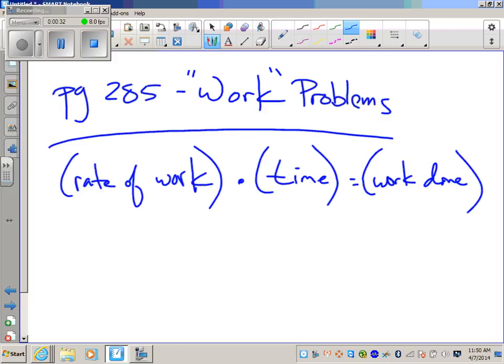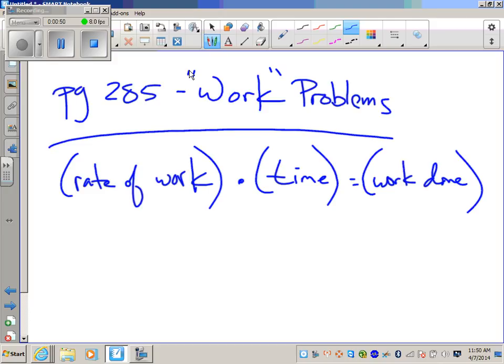Okay? What does rate of work mean? How fast you work, how fast you get the job done. Times the time will determine how much work actually gets finished.